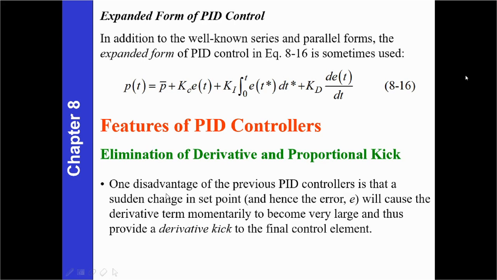So in this case, it becomes a disadvantage of the previous PID controllers, that a sudden change in set point and therefore the error E will cause the derivative term momentarily to become very large and thus provide a derivative kick to the final control element.